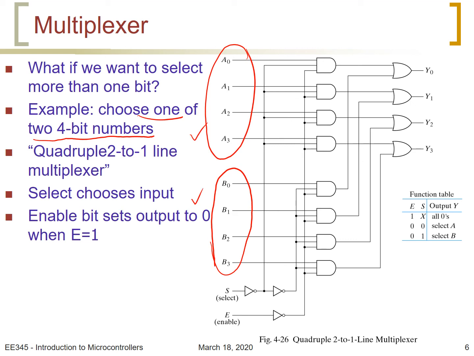What do we do? We use a quadruple 2-to-1 line multiplexer, which means we have as if we have 4 multiplexers, but each of them is 2-to-1. And the 4 multiplexers all work at the same time. So they will all select the A's or all select the B's.